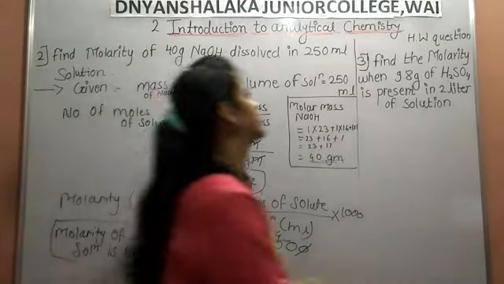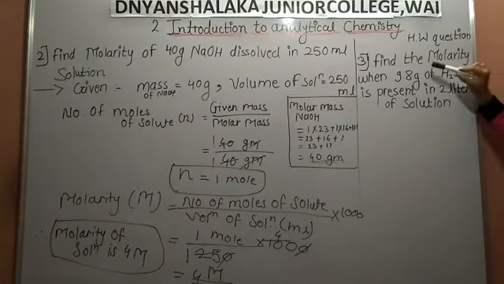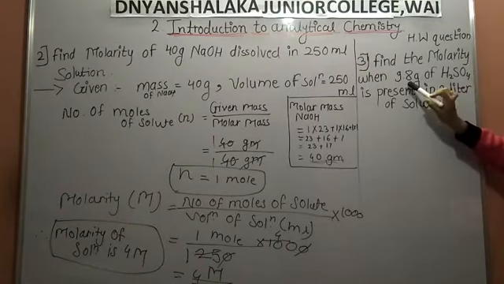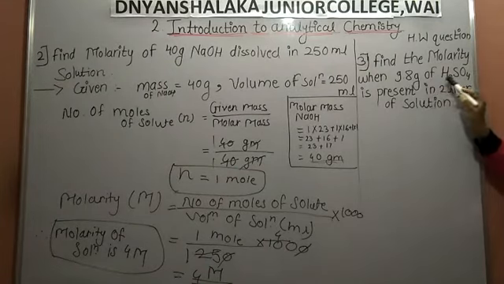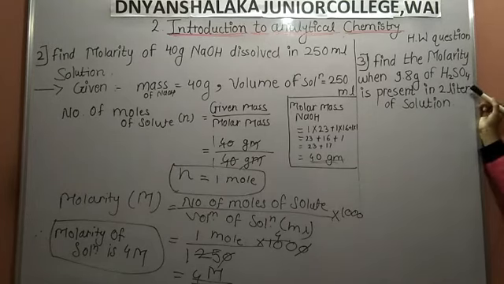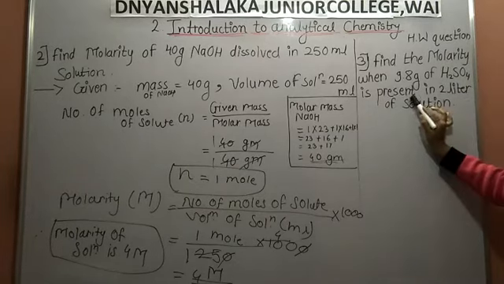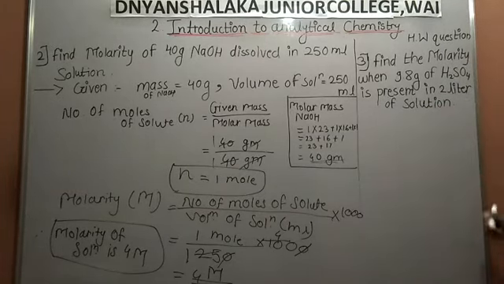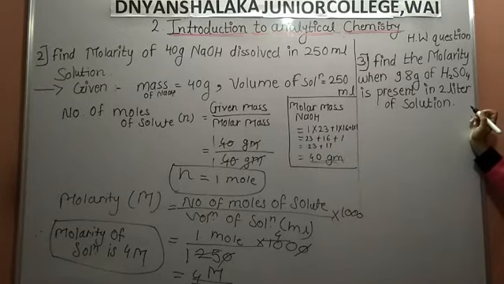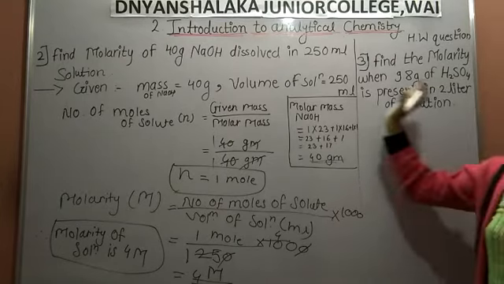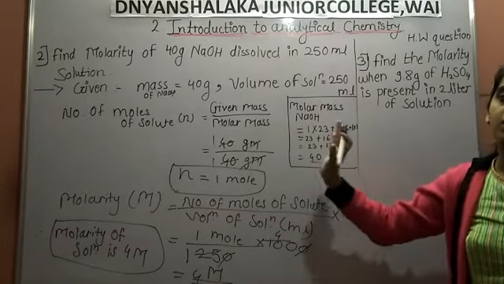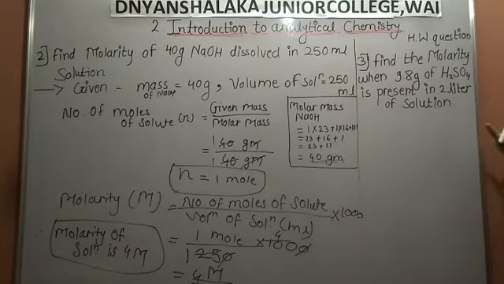Next we read question number 3. Find the molarity when 9.8 gram of H2SO4, sulfuric acid, is present in 2 liter of solution. This is your homework question. Refer to question number 2 and solve it.